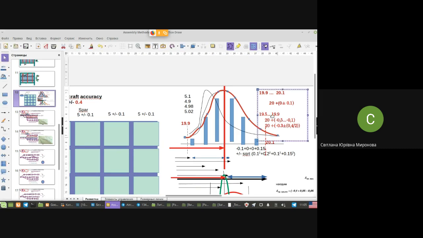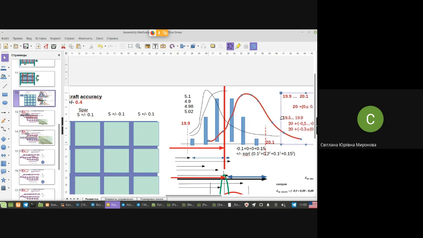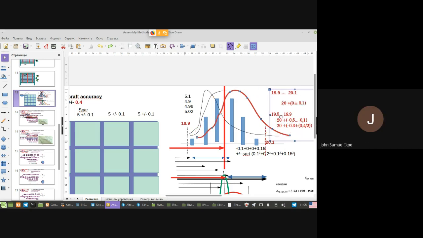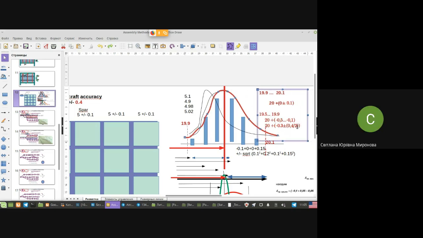I'm about to cry, people. What is not clear? It's so simple. Ma'am, sorry, my network went off. I don't understand where your minus 0.3 came from. Your network. What about other people? You are not the only one in class.